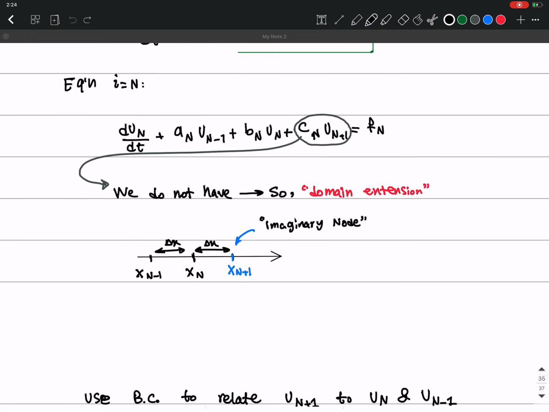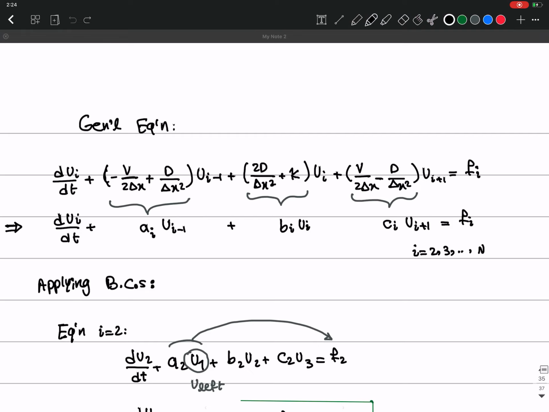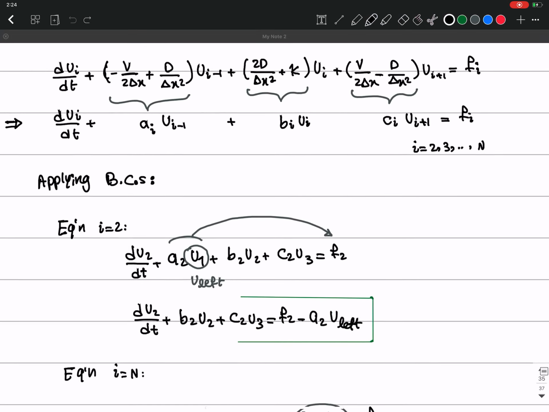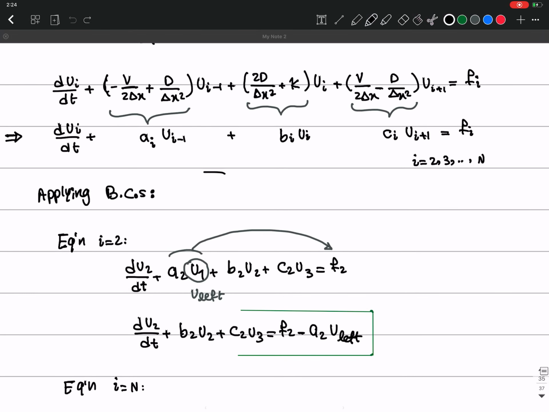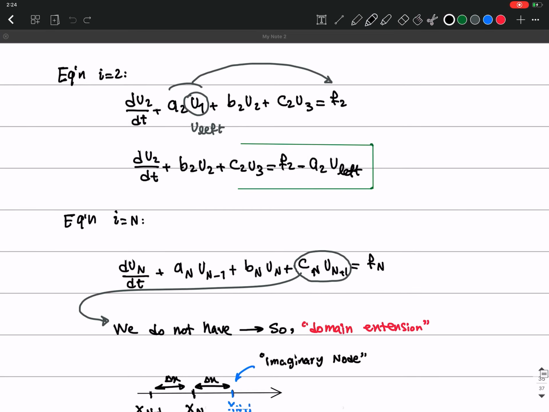Then we applied the boundary conditions to find the equation for i equals 2 and i equals n.